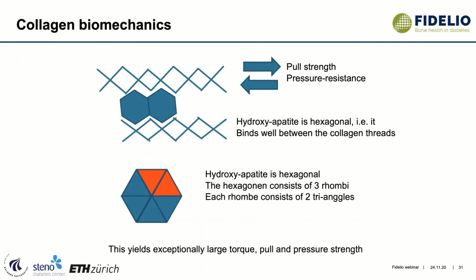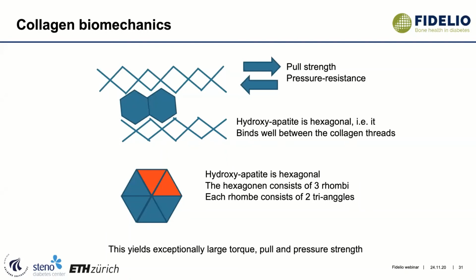This is just an illustration. Think about the collagen fibers as this rope that I have drawn there. Think about the hydroxyapatite or the calcium phosphate crystals as these hexagonal crystals which interlock with the collagen fibrils. Each hydroxyapatite crystal is hexagonal, and it consists of three rhombi, and each rhombus consists of two triangles.